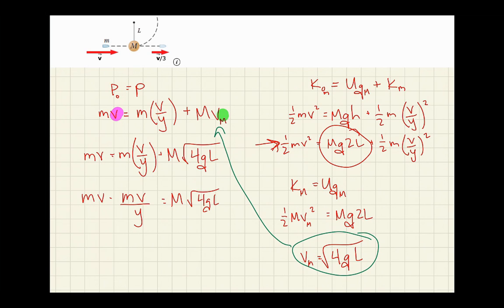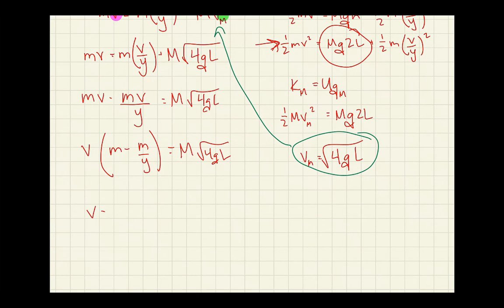Factor out that v, and I would get v times (m minus m over y) equals big M square root of 4gL. And then lastly, v equals big M square root of 4gL over (m minus m over y). And that would be my final answer.